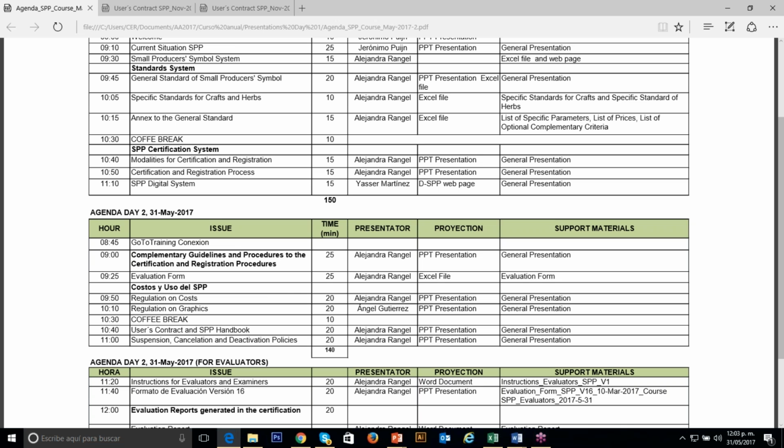So you must open a program like this to see the presentation, and you have to open a second window with the audio in French.